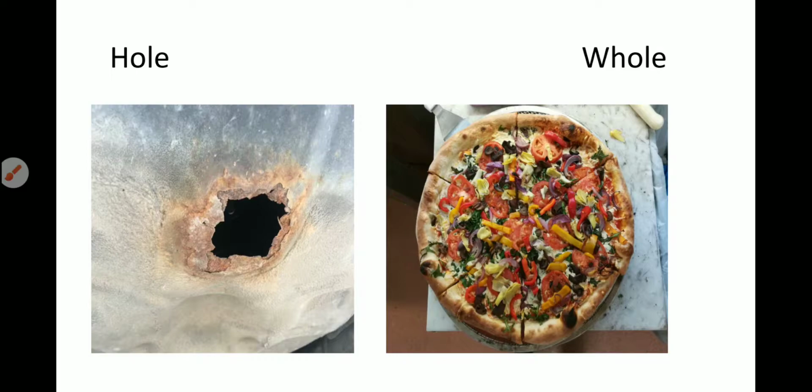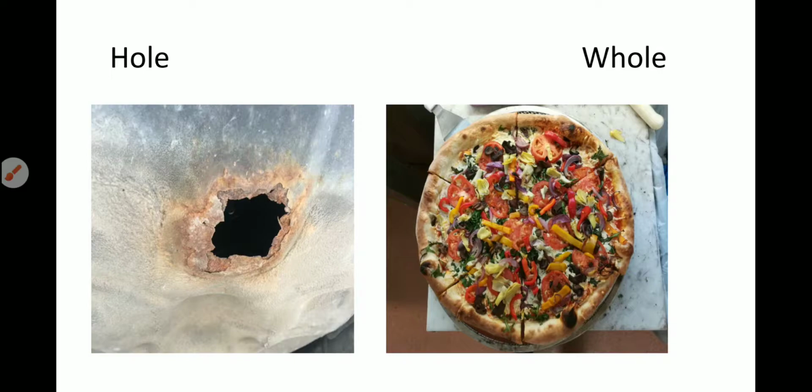Whole. The first hole is spelled H-O-L-E, and it's usually a breakage or a leakage, or something that allows for a leakage. You could see in this picture that it isn't complete.